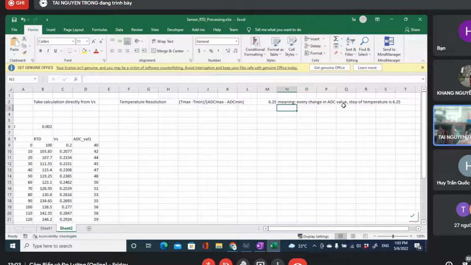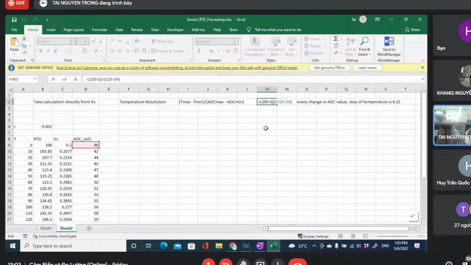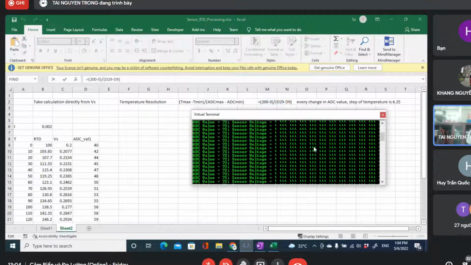It means that when we change 6 degrees there is a change of the IDC value, and this is very inaccurate. Okay, and then we can take a monitor here.